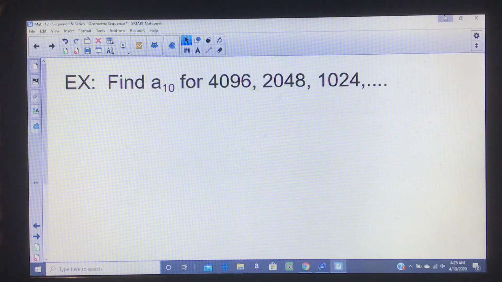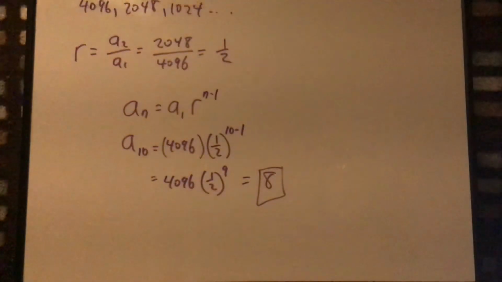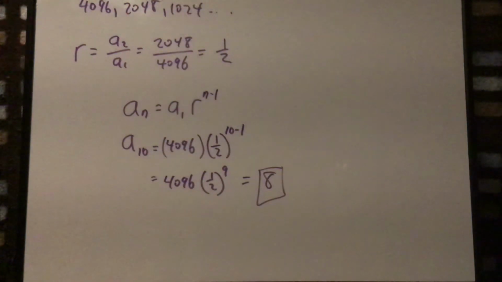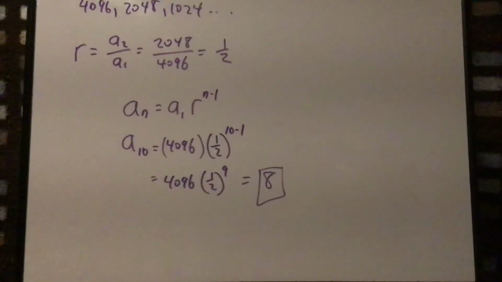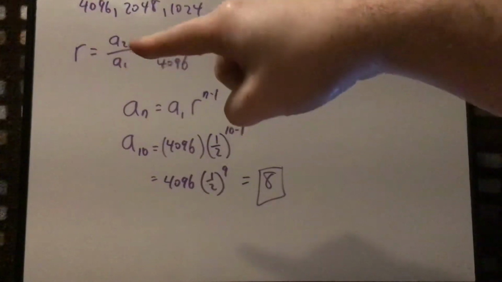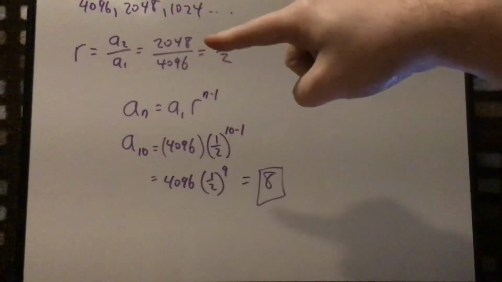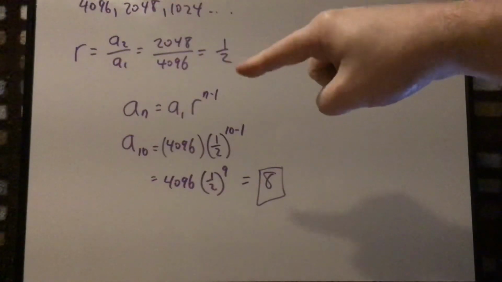So what is the 10th term? Well, here's that sequence. I need the common ratio. In this case, you can use the simpler formula of just dividing the two terms. So term 2 divide term 1, 2048 over 4096. That simplifies to 1/2.